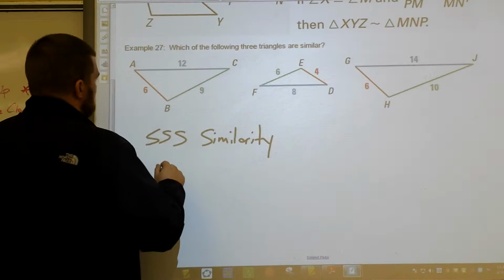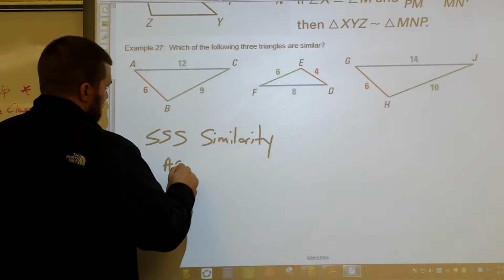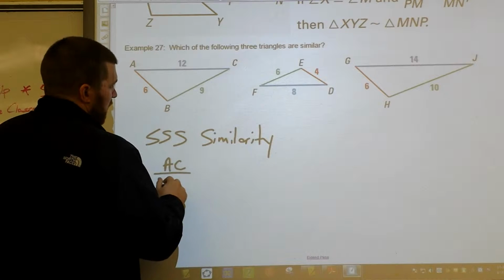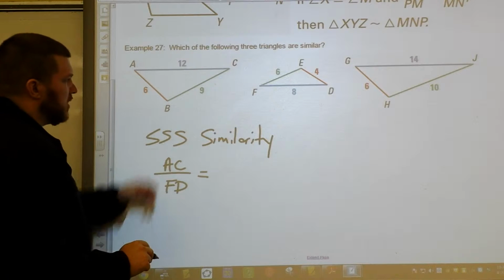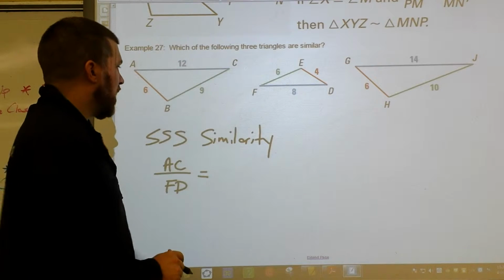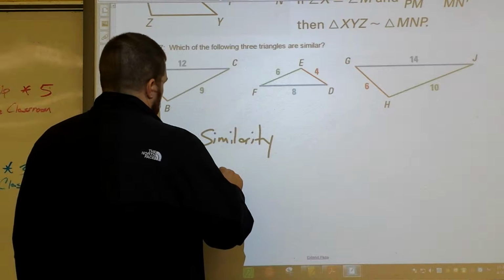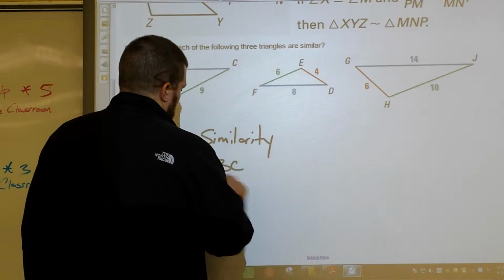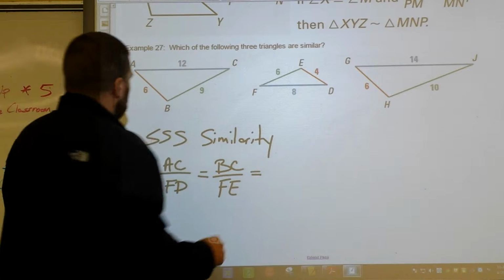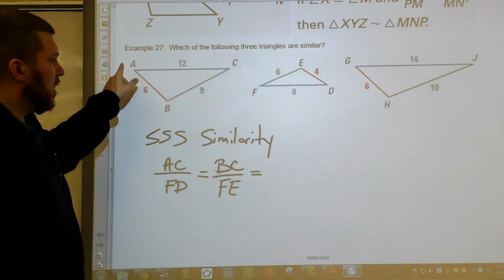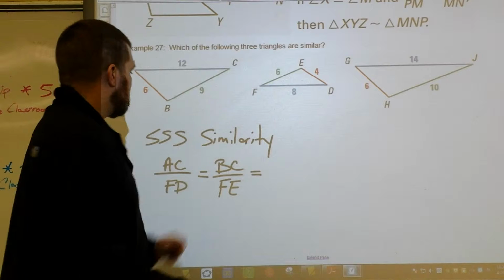So AC over FD would have to match up with BC over FE, which would have to match up with AB over ED.